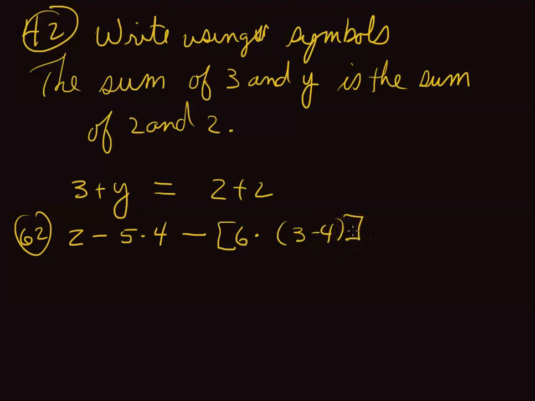Okay, here's where you've got to use the order of operations. You do the innermost parenthesis first. So 3 minus 4 is a negative 1.